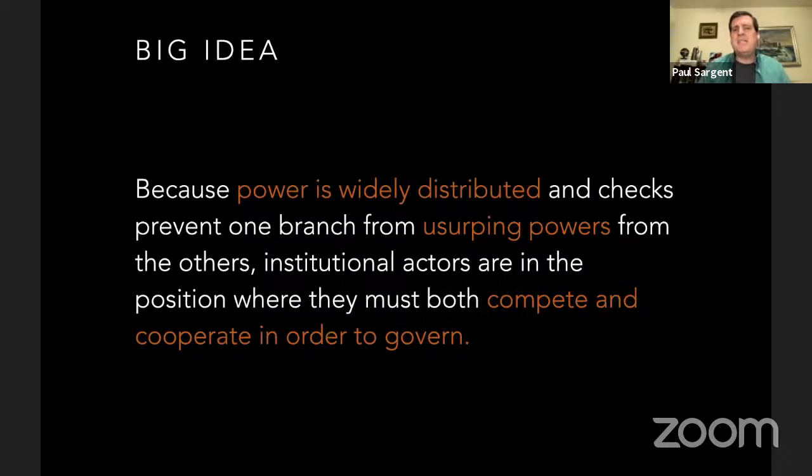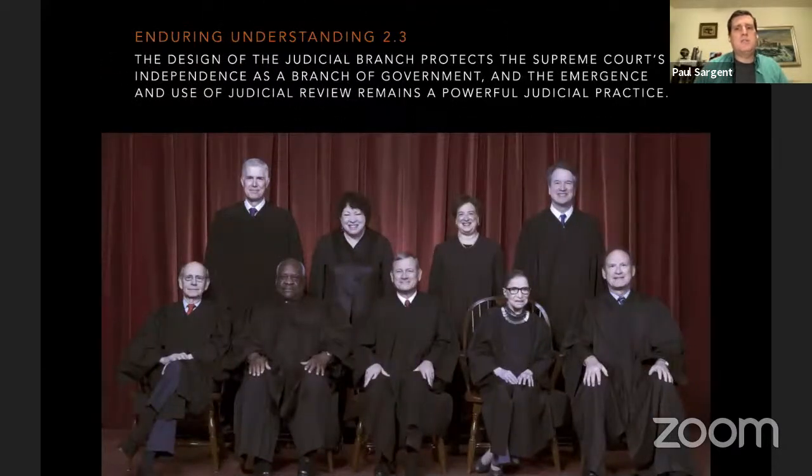We'll find out what that means tonight. By distributing power and setting up checks and balances, you try to set up a system whereby one branch of government doesn't get too all-powerful. And so it really does bring in the whole democratic process, competition and cooperation needing to be pulled together to govern.